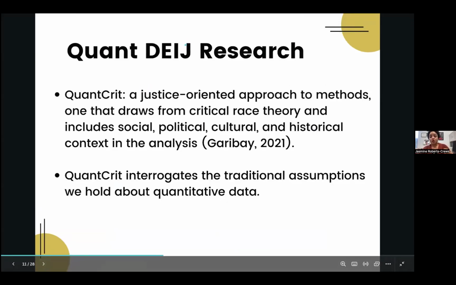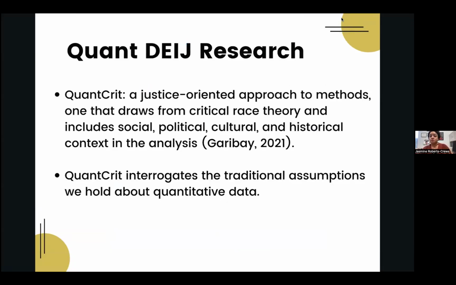All right, so for my quant folks in the room, you might have heard of this research approach called CritQuant or QuantCrit. Again, I'm using these terms interchangeably. Some people call it critical quantitative, some people call it the other way around.